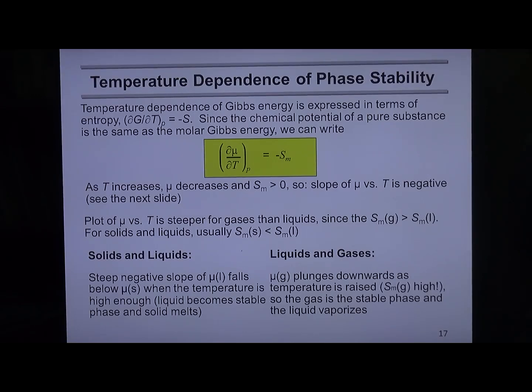Okay, let's move on. From previous sections, we have learned that in equilibrium, chemical potentials of each phase are the same, right? At equilibrium, chemical potentials are the same between two different phases or three different phases.